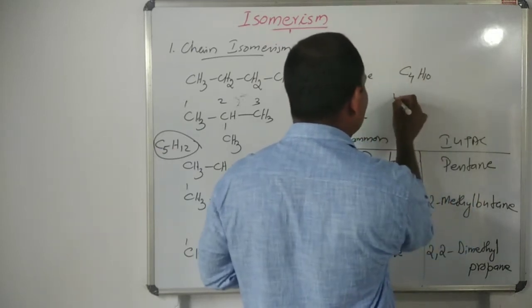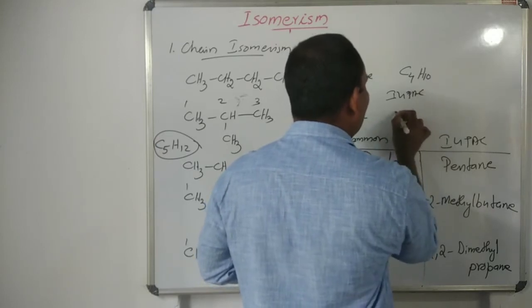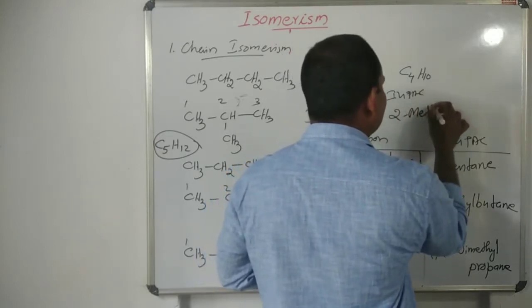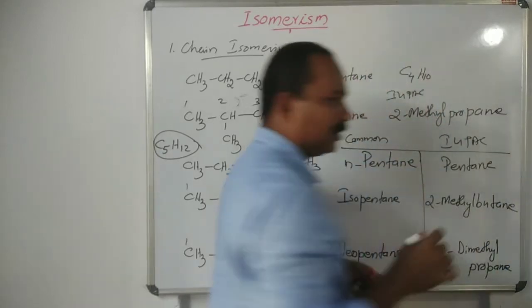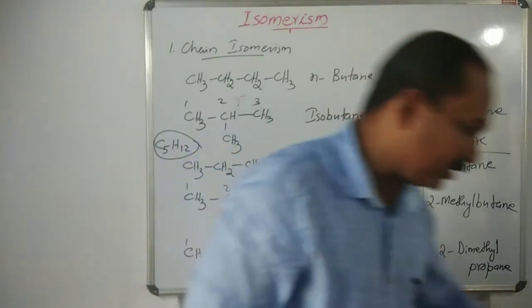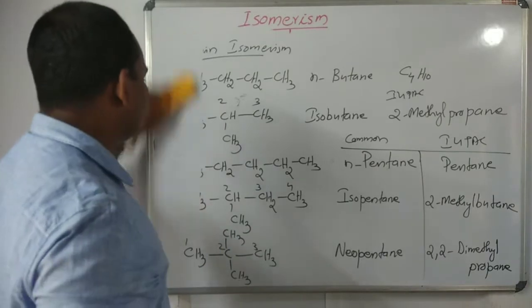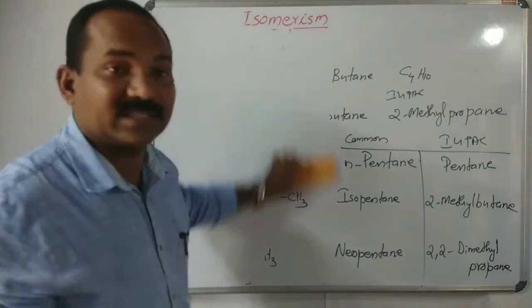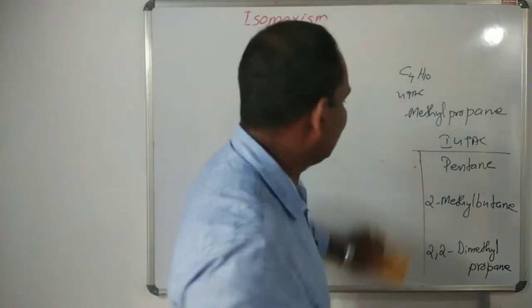IUPAC name: 2-methylpropane. Are you clear? Yes. Then we move to the next one, position isomerism. You can practice hexane.